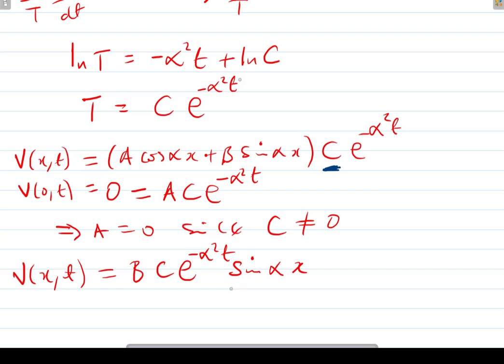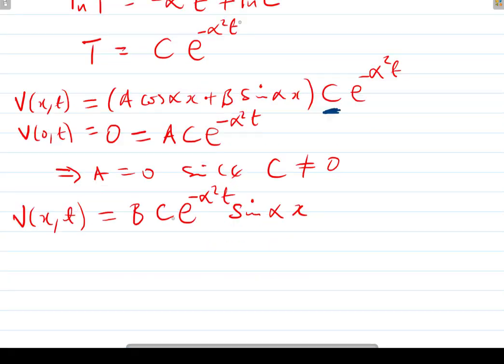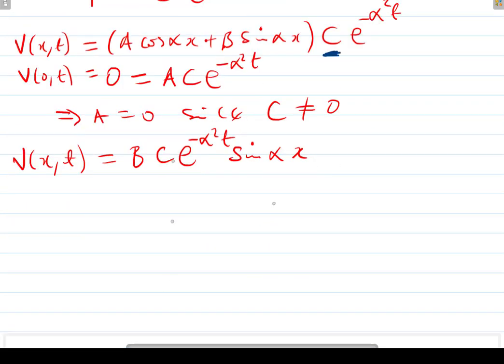The other condition that we have is that when x is L, v is 0 also. So v of L comma t is equal to 0. That's what we are told.